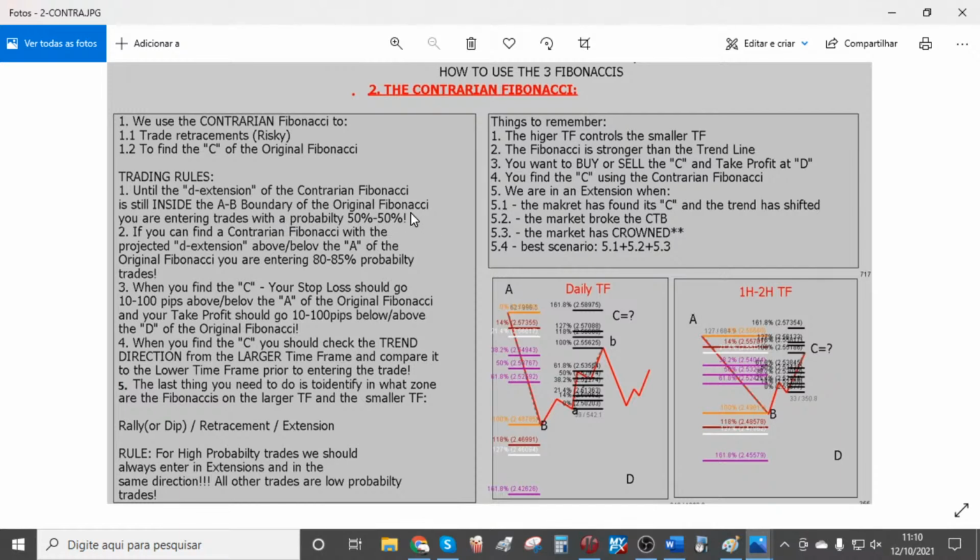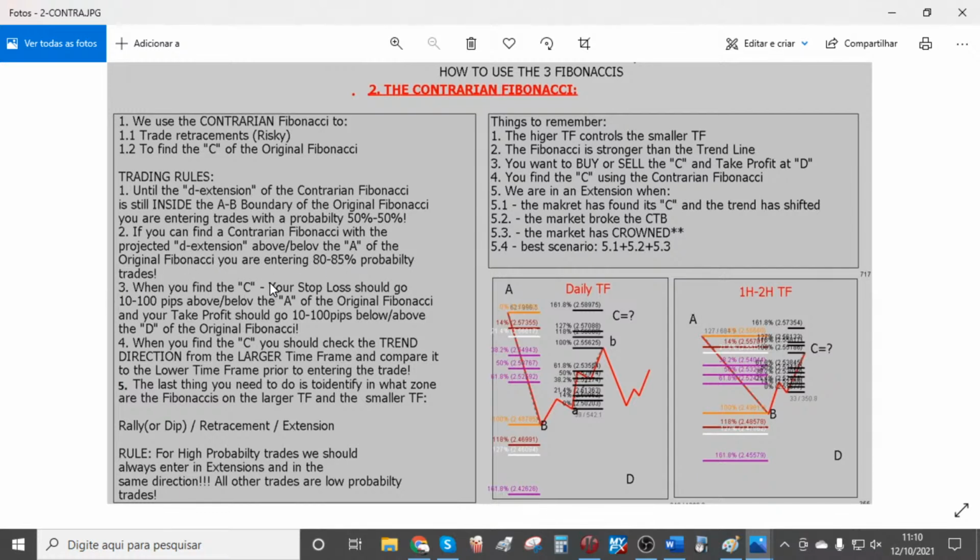Talking about the Fibonaccis, everybody, don't mix apples with bananas. Number 2, if you can find a contrarian Fibonacci with the projected extension above or below the capital A of the original Fibonacci, you are entering 85% probability trades, good money trades, right?